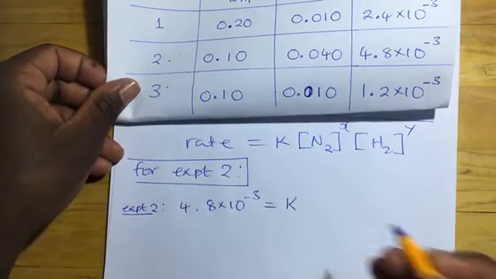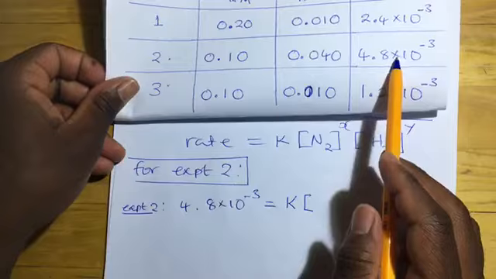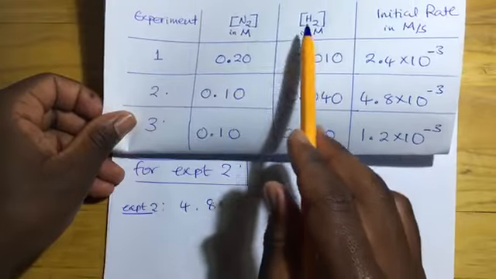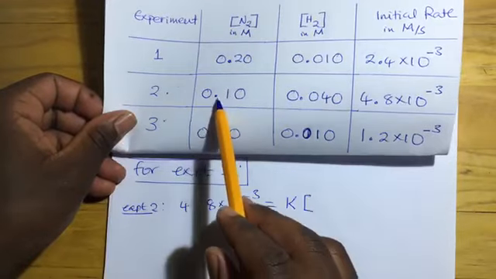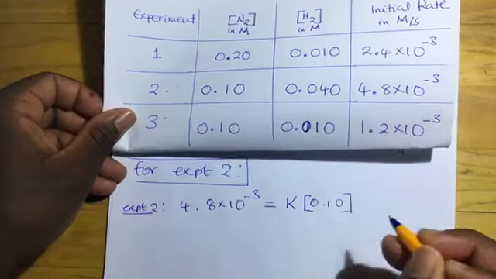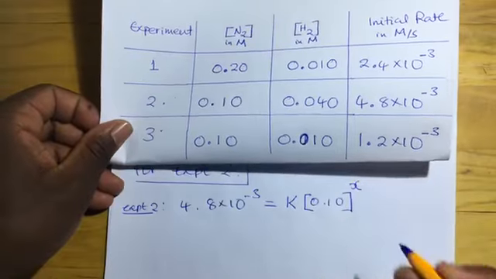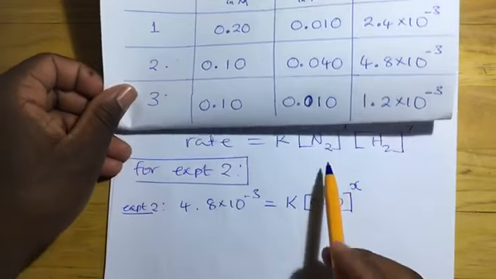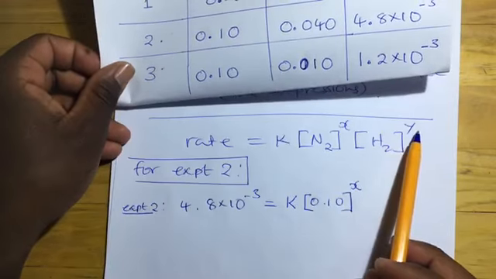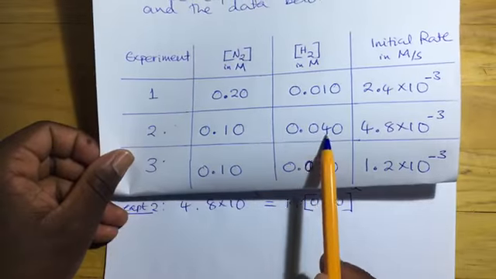So, it should just be k, open brackets. We are dealing with experiment 2. What was the concentration of nitrogen in experiment 2? Concentration of nitrogen is going to be 0.10, and then we don't know the power because we're looking for the powers. That would be everything to the power x. Next, rate law was nitrogen to the power x and then hydrogen to the power y. The concentration of hydrogen in experiment 2 is 0.04.